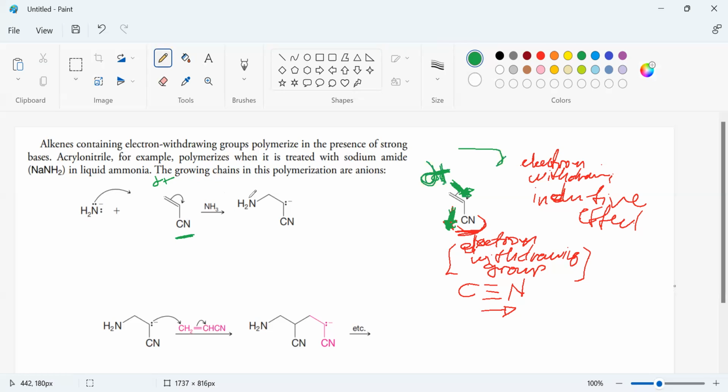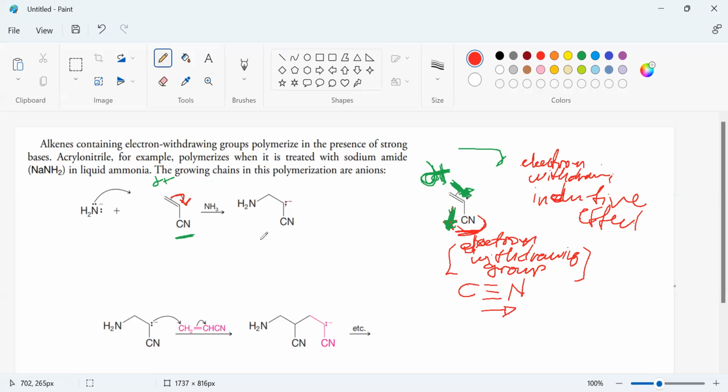So you form a bond here. Once it forms a bond here, the electrons from the pi bond will go to this carbon. Let's use red. You use two arrows because this is not radical, two arrows. And you have an electron pair here.